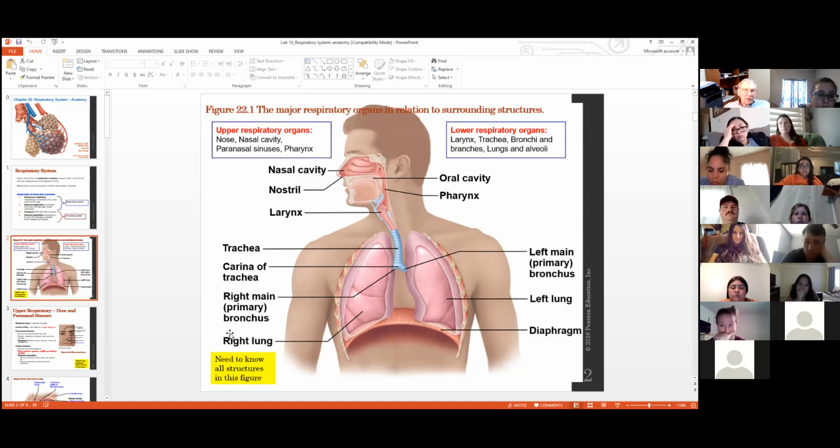The first branch is primary and secondary. I'm not concerned about those. But everything else on here is pretty straightforward. I probably would not use the nasal passage here. I'd use the drawing that has a close-up of it. So I think maybe just the lung set here is what's big about this drawing.